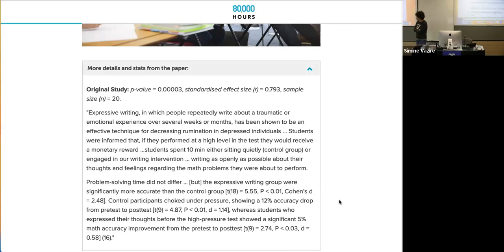I would say the fact that you mean about the high stakes, is that the incentive? Because monetary. Yeah. So my guess is they were trying to make it more realistic, like a test that has a consequence for you. So by giving a monetary reward, they were trying to make it closer to the real world situation where your marks would be affected and that would have some consequence for you. But you could argue that limits generalizability, or you could argue that that's not a good way to mimic the real world.